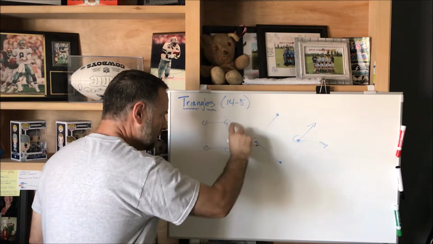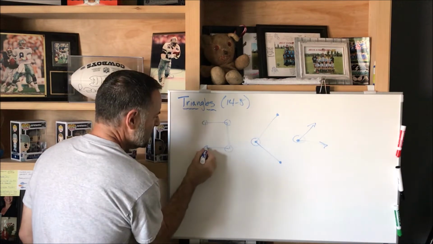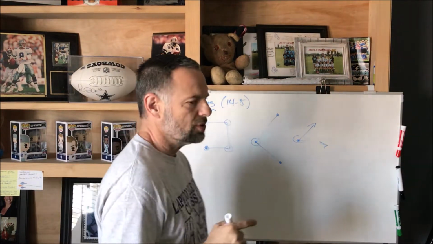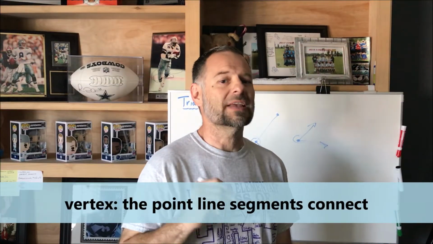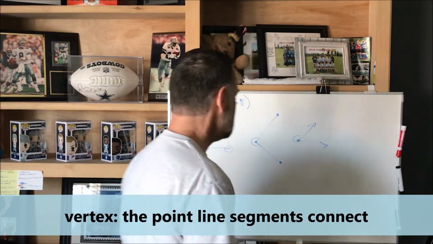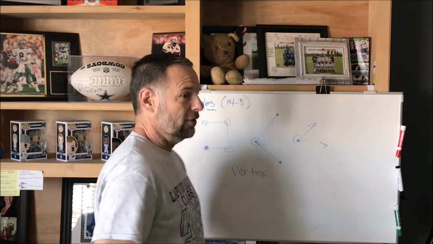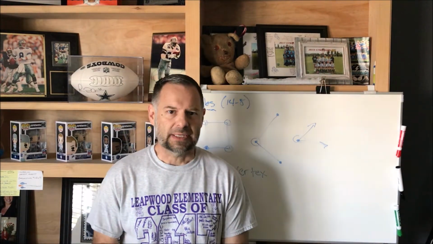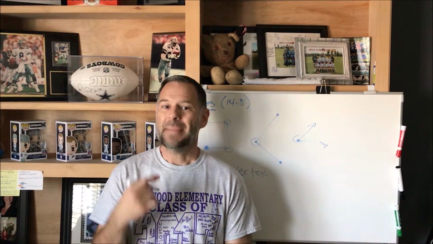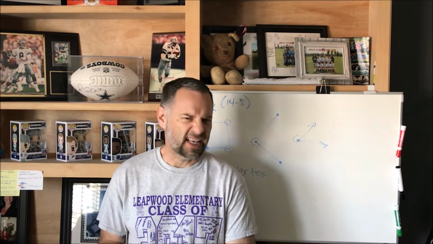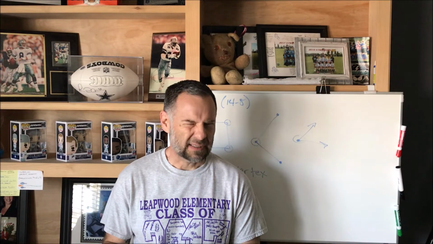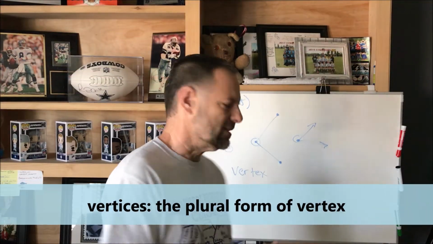See those little line segments? Each one of those line segments meets each other at these corners. Each one of those corners is called a vertex, V-E-R-T-E-X. You're going to see that in some of the instructions. Now, when you have many of them, you don't say vertexes. That doesn't make sense. You have what's called vertices, and this is what it looks like.